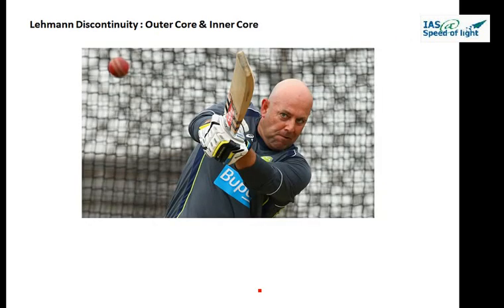Coming to the last discontinuity, which is the Lehmann discontinuity, which is between the outer and inner core. For Lehmann, we have a very good picture, the picture of Darren Lehmann. If you know something about cricket, he was a very famous player of the Australian cricket team and also later coached the Australian cricket team.